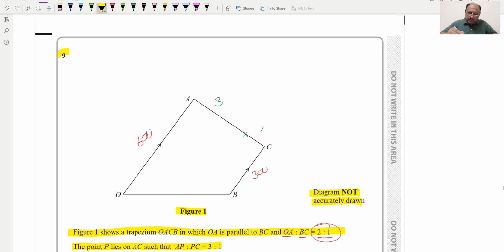So this one is 1 unit, and 1:3. So we can identify the D point. The D point is on the line of BC.